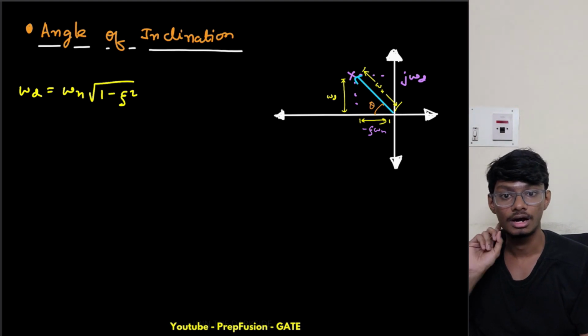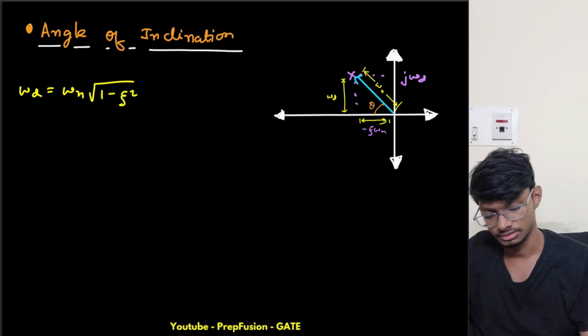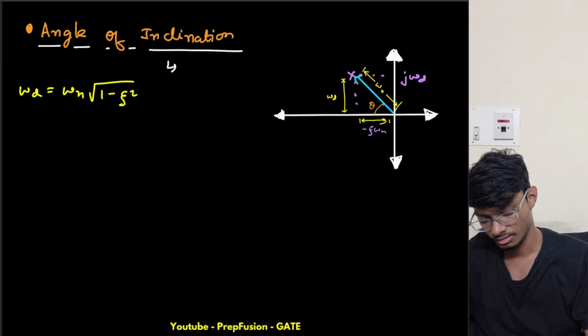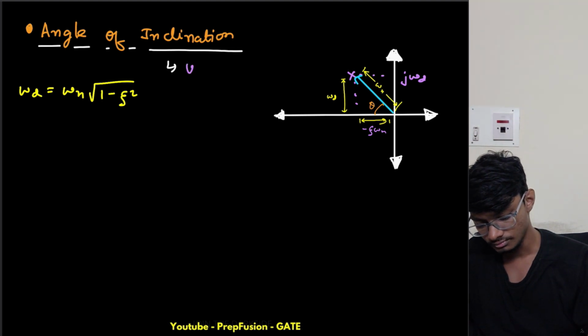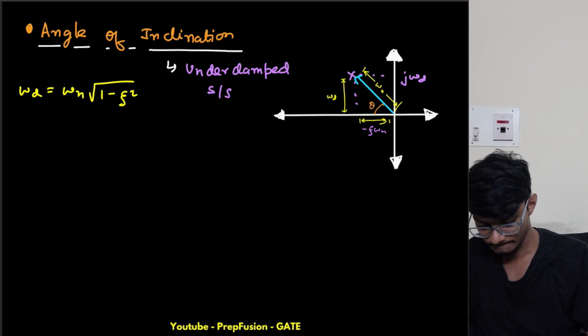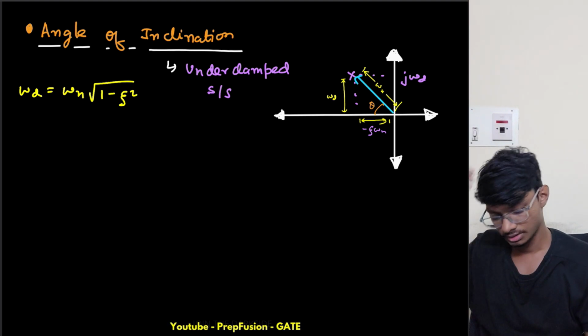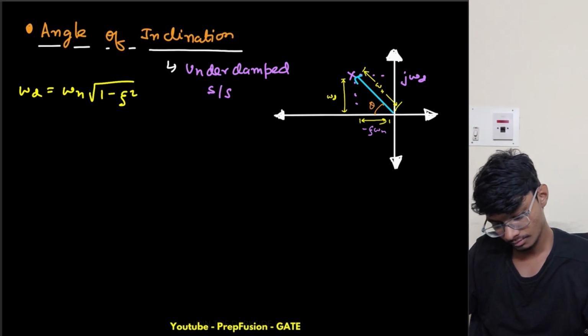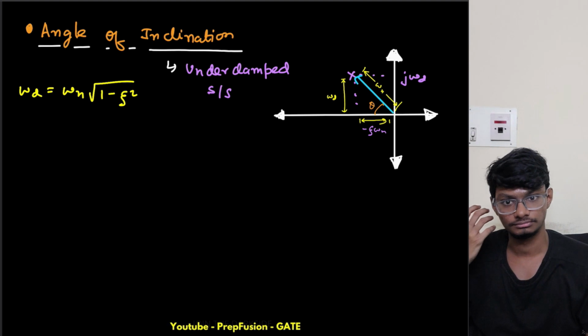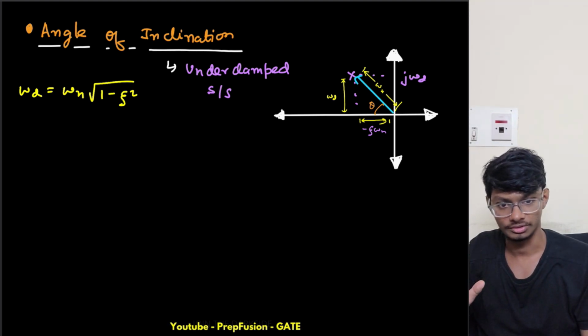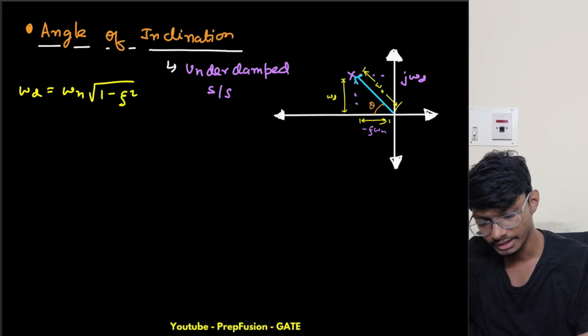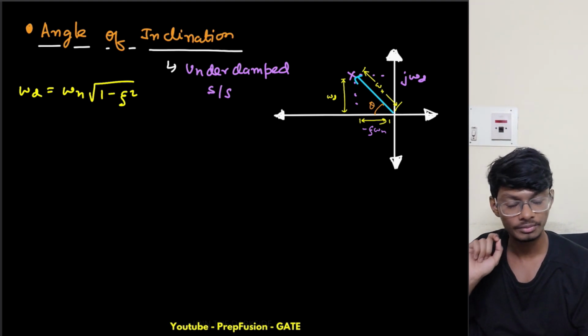Now this is for an underdamped system only, right? Zeta omega n is zeta omega n only, so that is not defined. So from here I can write different trigonometric equations, right?